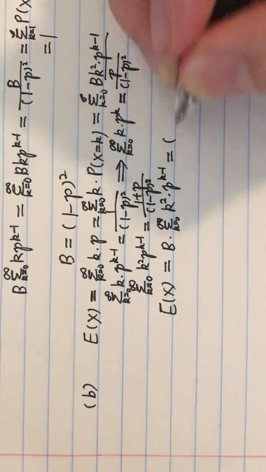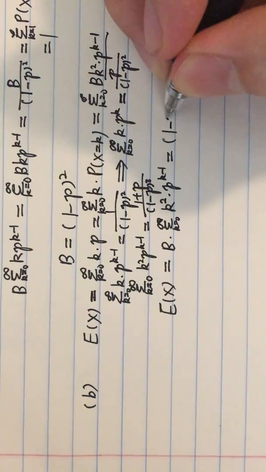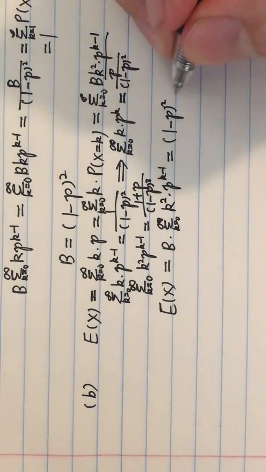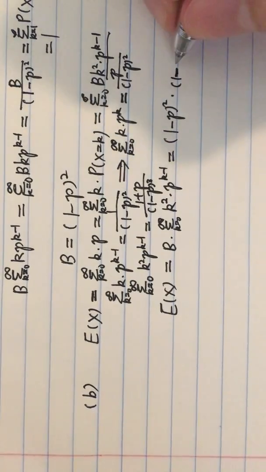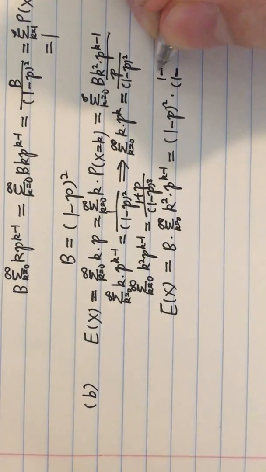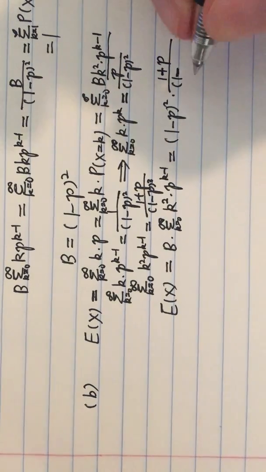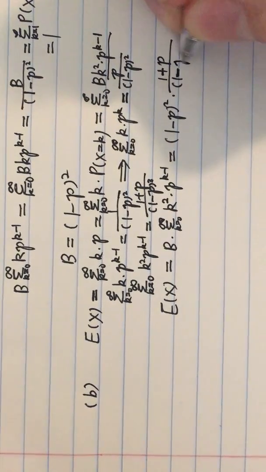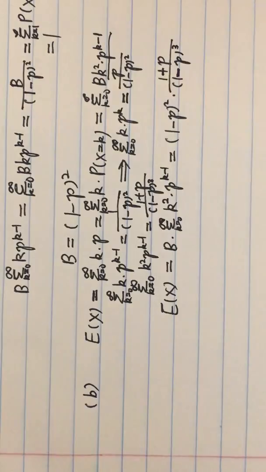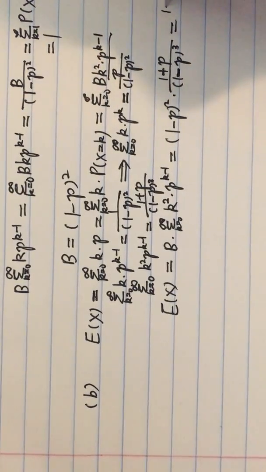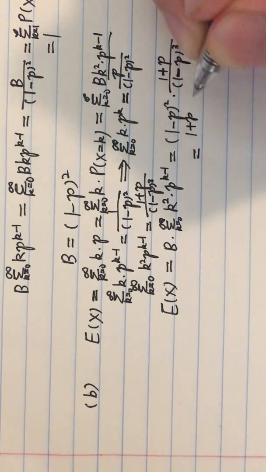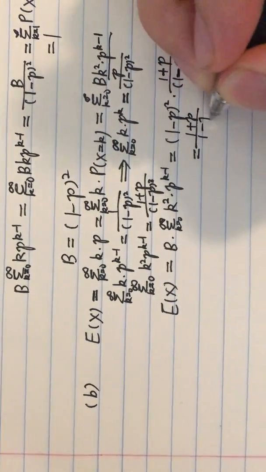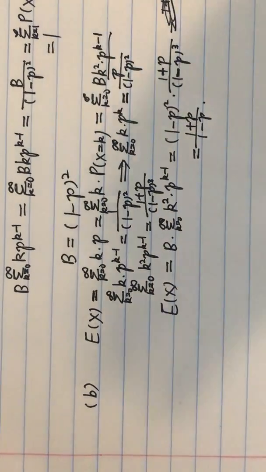This equals 1 minus p to the power of 2 times 1 plus p over 1 minus p to the power of 3. This equals 1 plus p over 1 minus p. So this is EX.